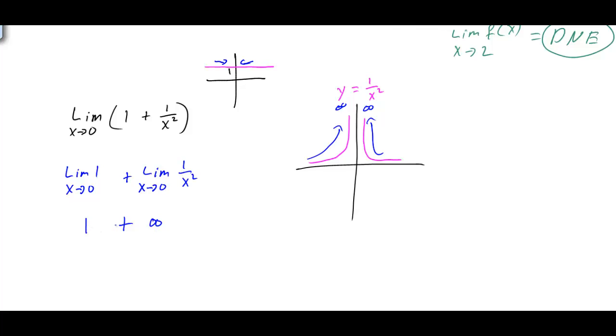And if we said 1 plus infinity, well, infinity plus 1 is still infinity. So that would be your answer. Or once again, realize that means the limit does not exist. The infinity is simply telling you why the limit does not exist.